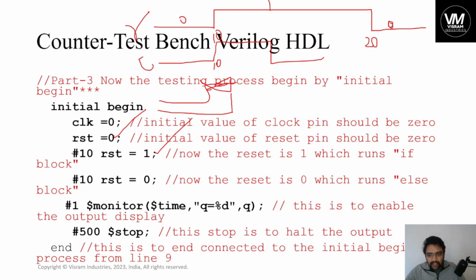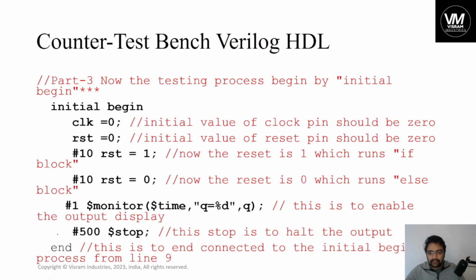So from 0 to 10 it is 0, at 10 nanoseconds it is 1, and at 20 nanoseconds it is 0. Understood?